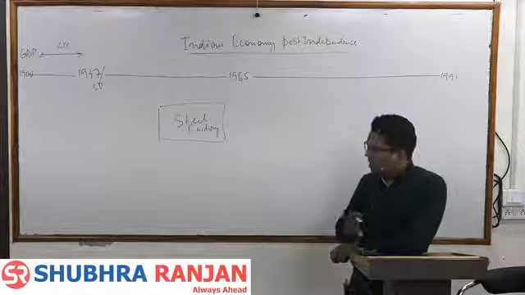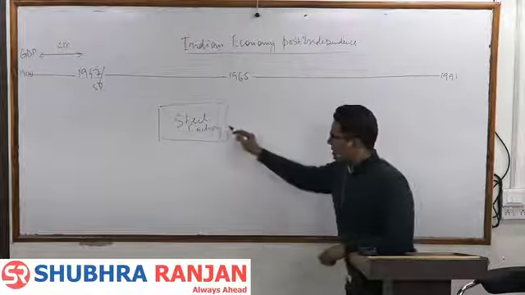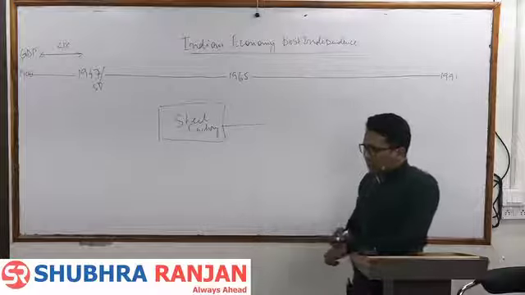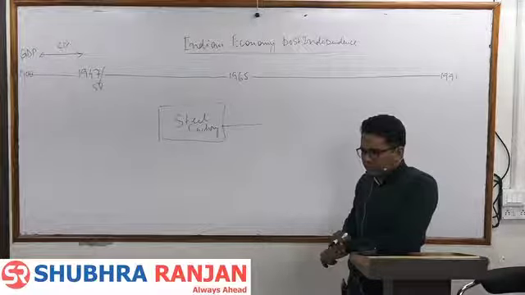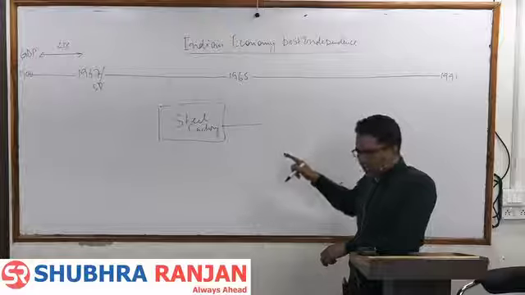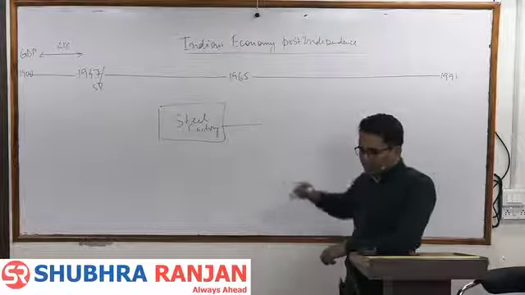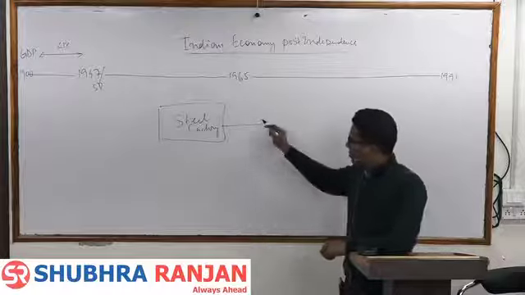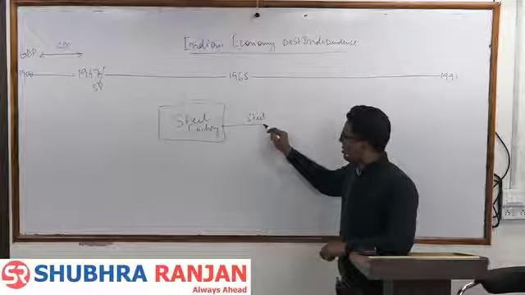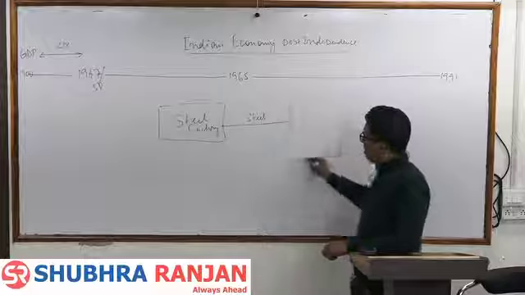Through PSUs, these basic goods industries, capital goods industries will produce steel, and with the help of the output of this industry, which the government will set up, we will be able to set up other factories in the economy.